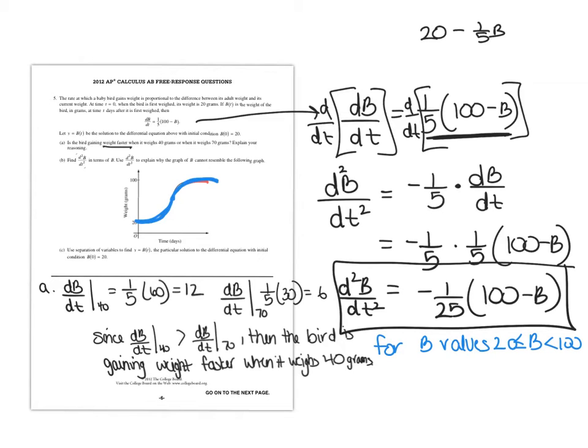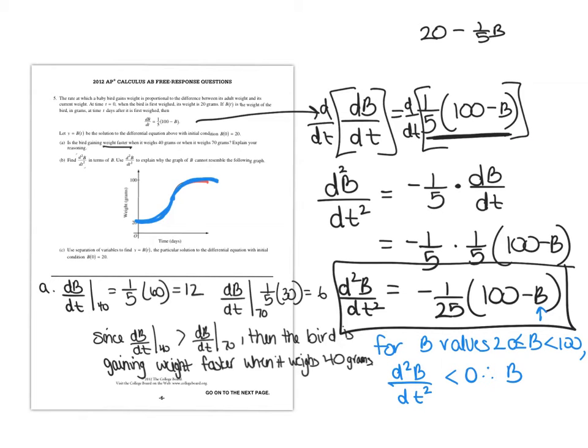Okay, so no matter what, if we plug in 20 or any number close to 100, it's going to be a positive output times a negative 125. So for b values of greater than or equal to 20 grams and less than 100, our second derivative is always negative.